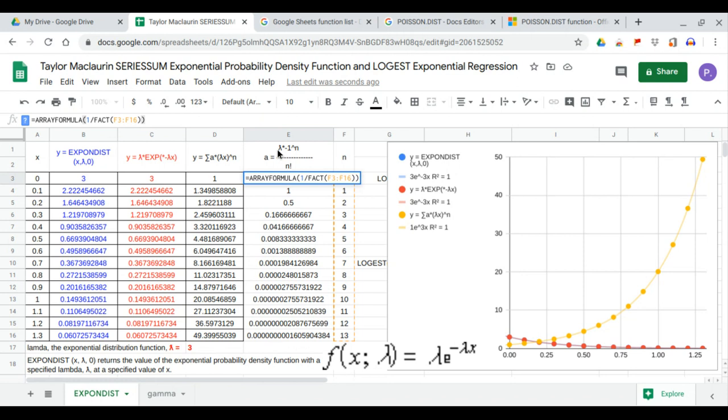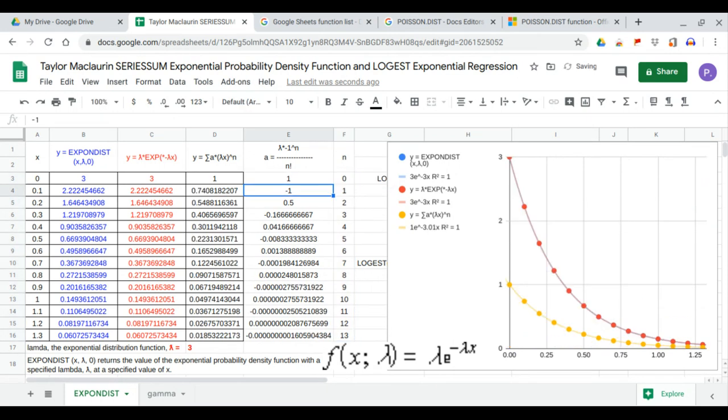So negative 1 to the power n. Then we have to factor in the last part of the numerator, which is lambda. So times lambda.